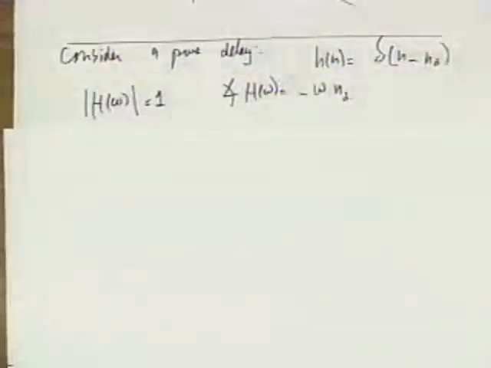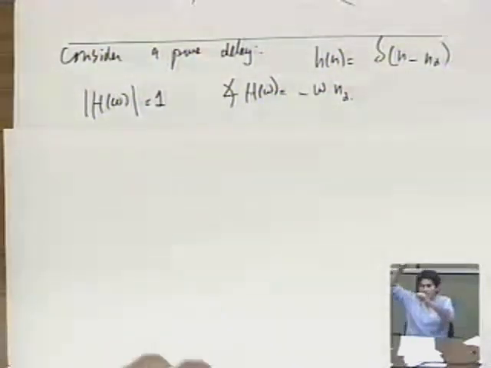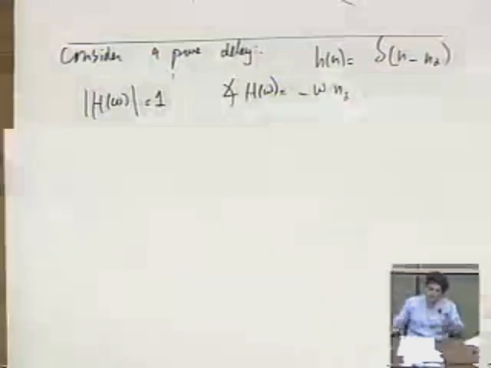A complex number consists of a magnitude times e to the j phase, so this is what the phase is.